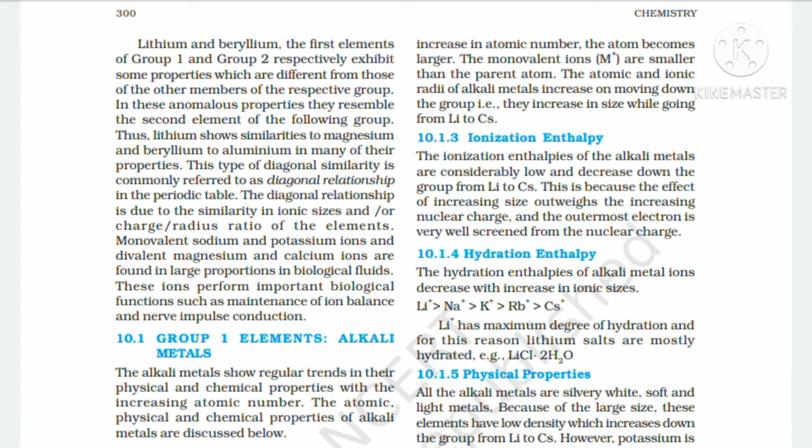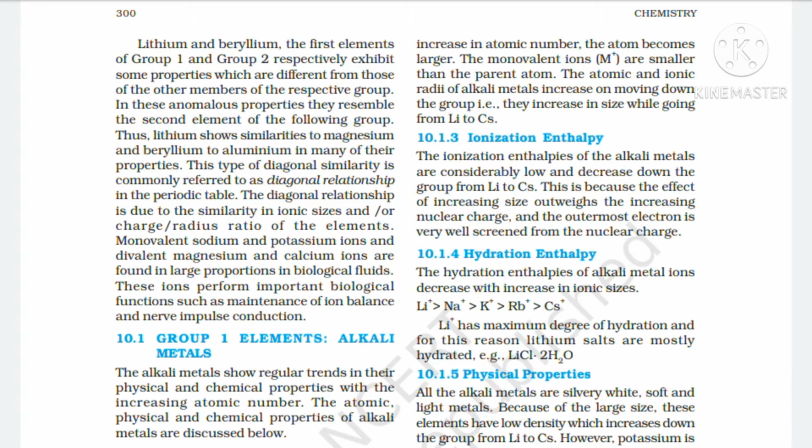The alkali metals and their salts impart characteristic color to an oxidizing flame. This is because the heat from the flame excites the outermost orbital electron to a higher energy level. When the excited electron comes back to the ground state, there is emission of radiation in the visible region of the spectrum, as given below.